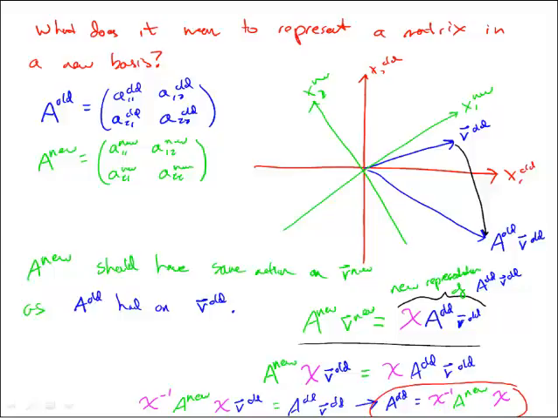So if our criterion is that A new should have the same action on V new as A old had on V old, that is, A new times V new should just be A old times V old, but written in the new basis, then we get this equation. So let's move to a new slide and write down what we've learned.